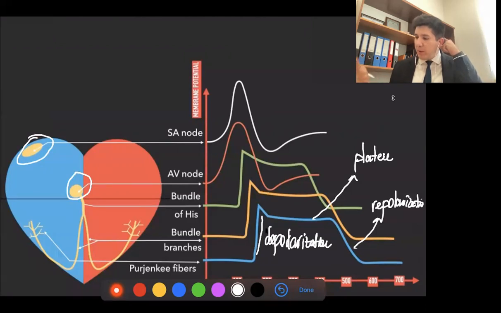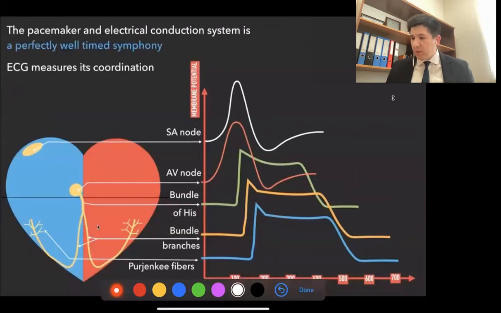We are able to measure the action potential from each part of the heart, from the SA node, from the AV node, from the bundle of His, from the bundle branches, and Purkinje fibers, using the electrocardiogram. So let's discuss the structure of the electrocardiogram. The pacemaker and the electric conduction system of the heart is well timed.